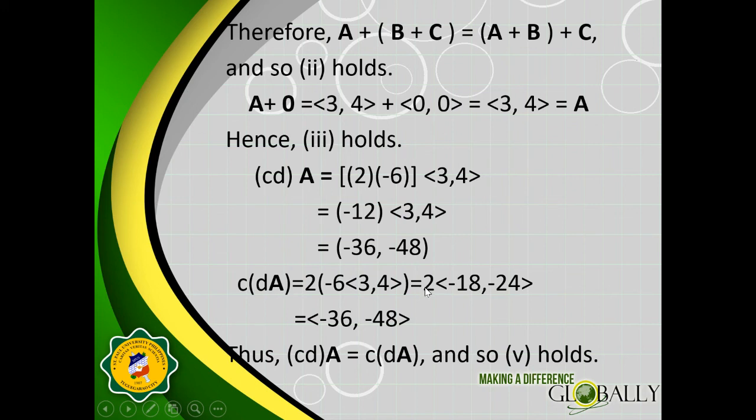So we have 2 times (-18, -24) equals (-36, -48). Thus, cd multiplied by A equals c multiplied by dA, and so the 5th equation holds.